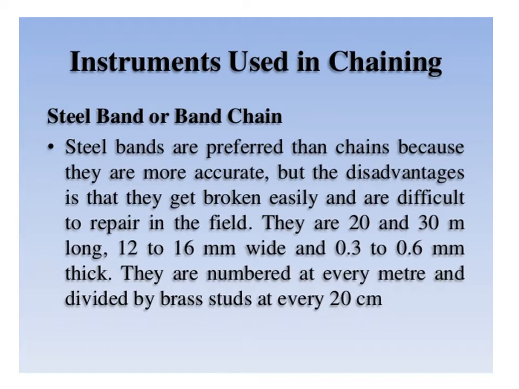Generally, they are 20 meter and 30 meter long, having 12 to 16 mm width and 0.3 to 0.6 mm thickness. They are numbered at every meter and divided by brass studs at every 20 centimeter.